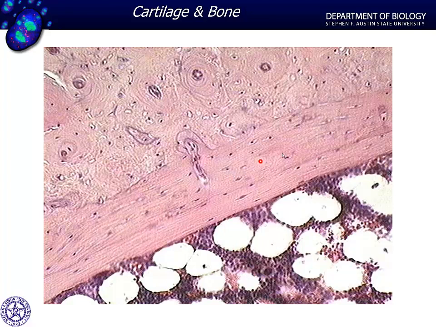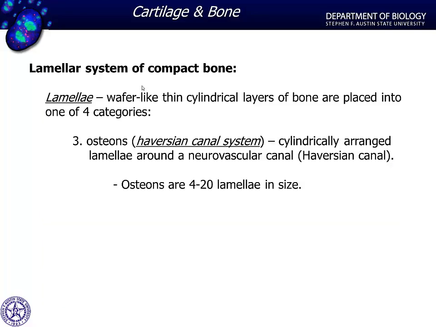You can see how it is flowing in this direction. This is a bone in cross section, so of course it's going to be flowing around like a ring. And as we move a little bit deeper, we can begin to see our concentric ring structures, our hollow haversian canal. So this is going to be our compact bone and our haversian systems. So we've got our inner and outer circumferential lamellae.